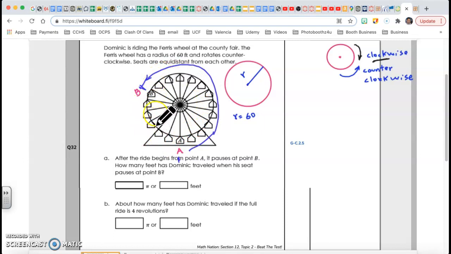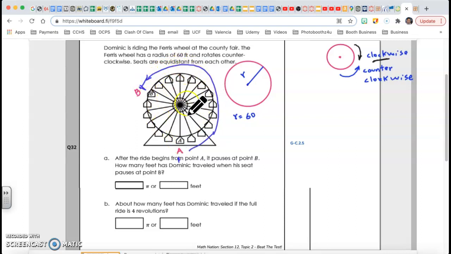Okay. So we need to start, guys, understanding that he's going around, and they're saying that it's equidistant. So the distance from here to here, every single step, is the same. So he went around, and going around he's doing the perimeter of this circle.